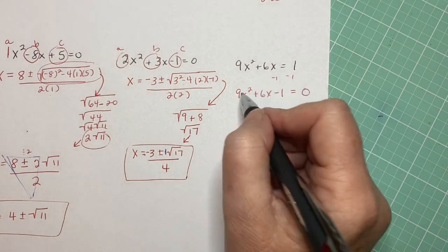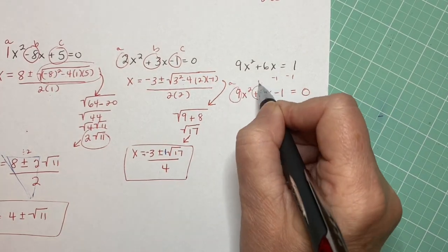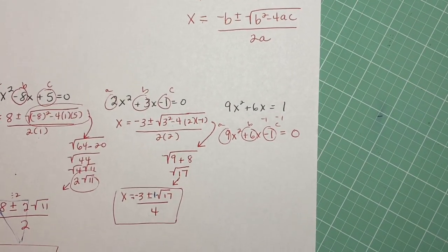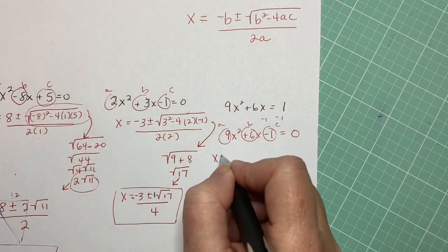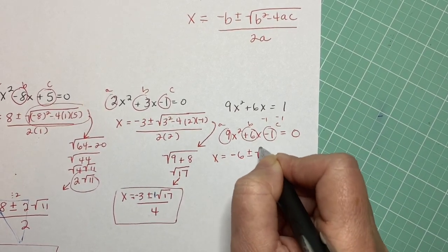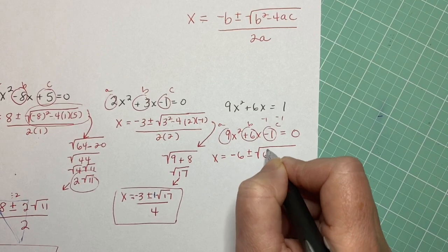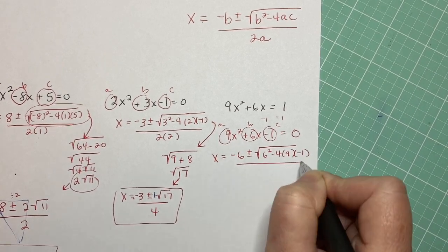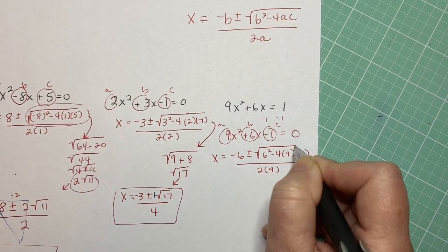And now we can plug it in where this is my A, this is my B, and this is my C. So we're using the formula. So x is going to equal negative 6 plus or minus the square root of 6 squared minus 4 times 9 times negative 1 all over 2 times 9.